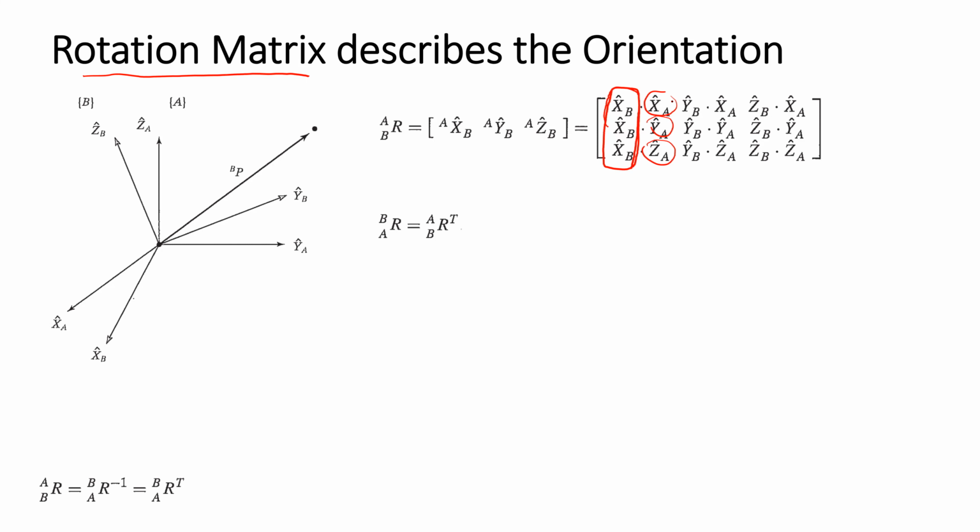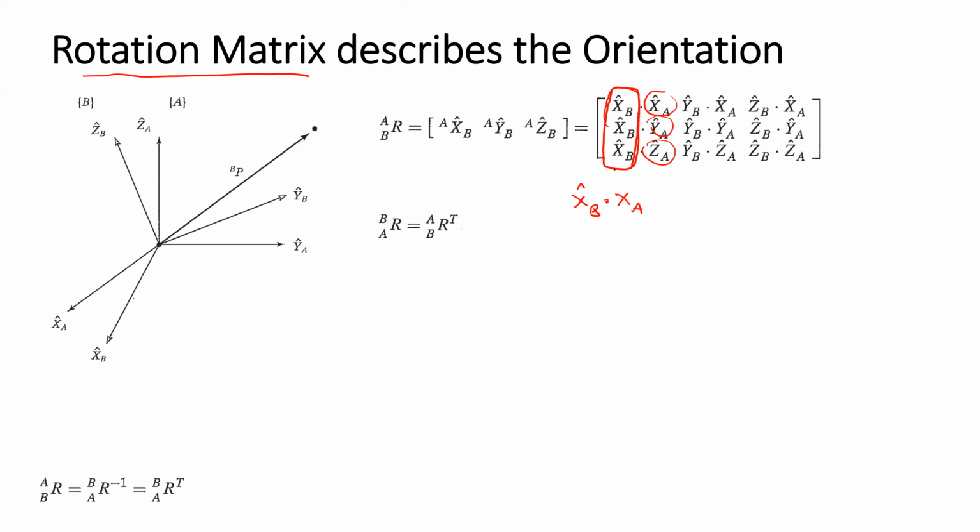So xb dot xa, the unit vector of xb dot xa, is equal to the magnitude of the unit vector of xb multiplied by the magnitude of the unit vector of xa and the cosine of one angle.